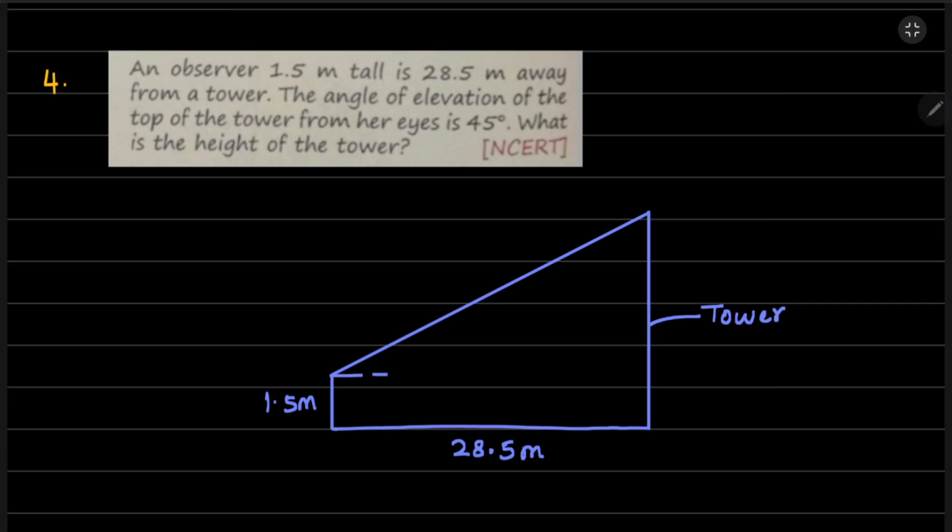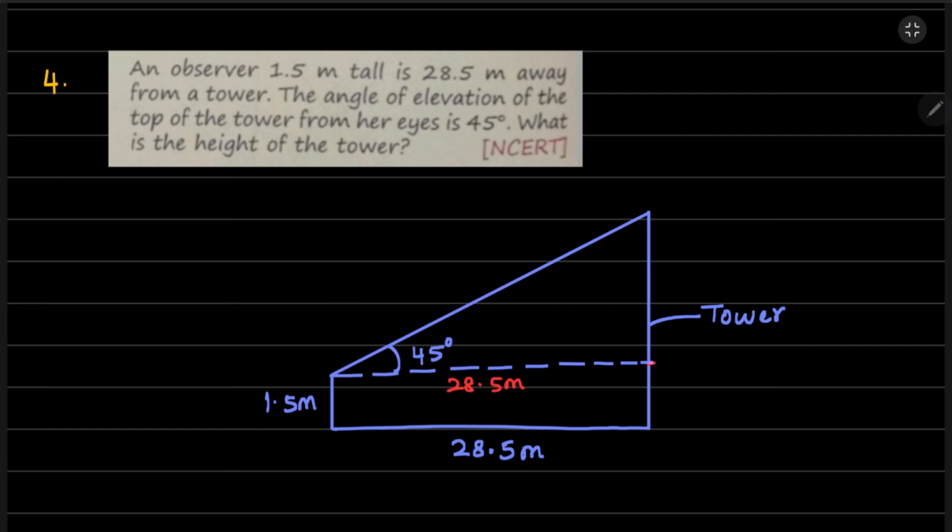So our angle of elevation will always be with respect to the horizontal. So just draw an imaginary horizontal. This angle of elevation is nothing but 45 degrees. Again, here also the distance is going to be the same, 28.5 meters.